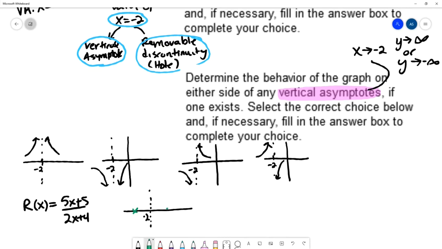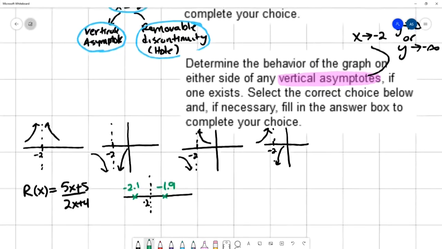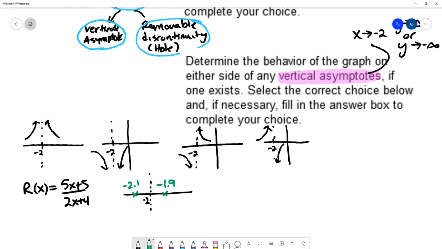I'm going to pick a test point on either side of -2, like -2.1 and -1.9, and that's going to tell me the behavior on either side. So let's test that. R of -2.1 would be 5 times -2.1 plus 5 over 2 times -2.1 plus 4.